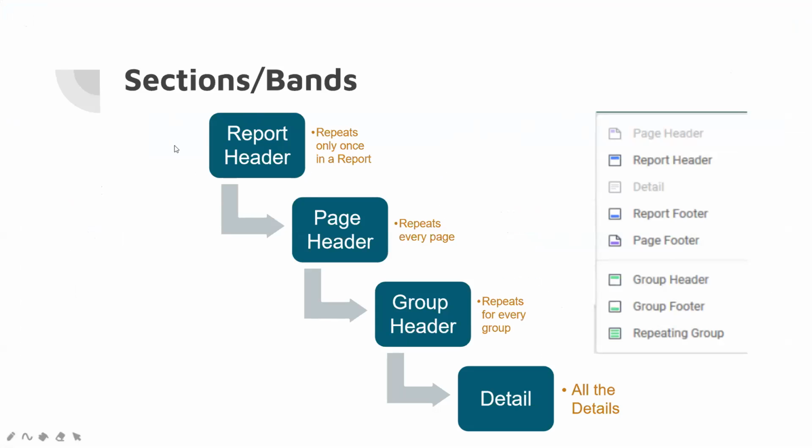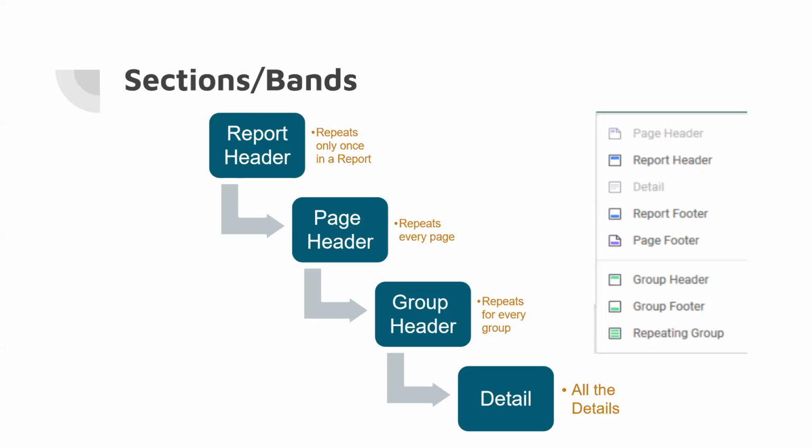But just to have a first understanding of what you want to see in the report. So the first question which I was asking is, what do I need to see in the report? I need to know where I need to place my various data fields, right? So my report header section, there's a section called report header, in which you can have only information which will repeat only once in a report.